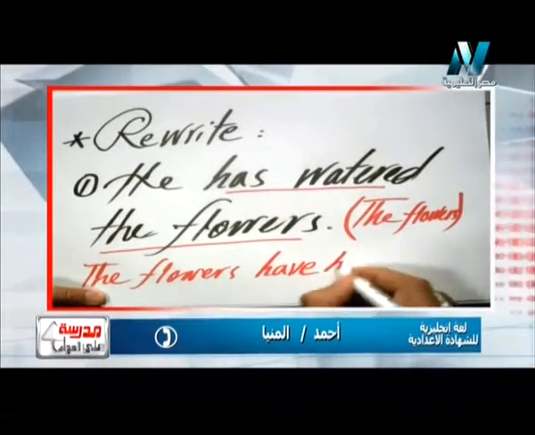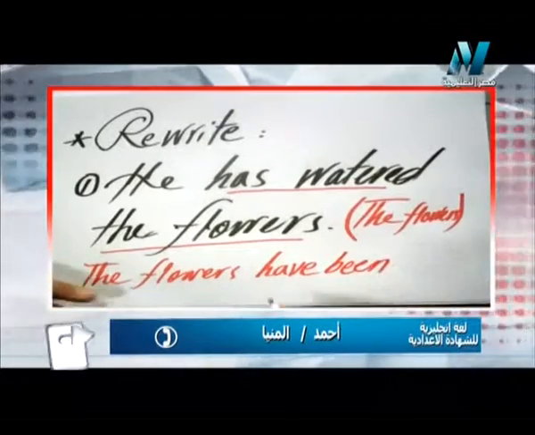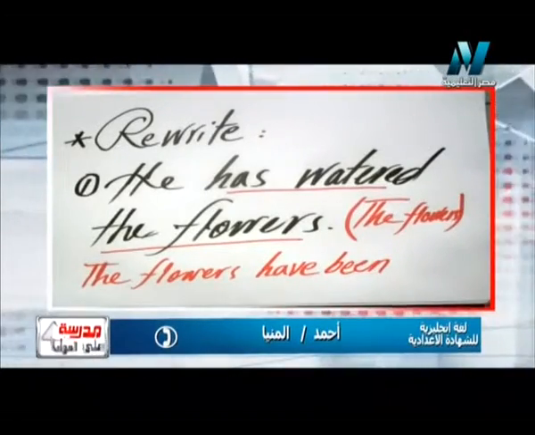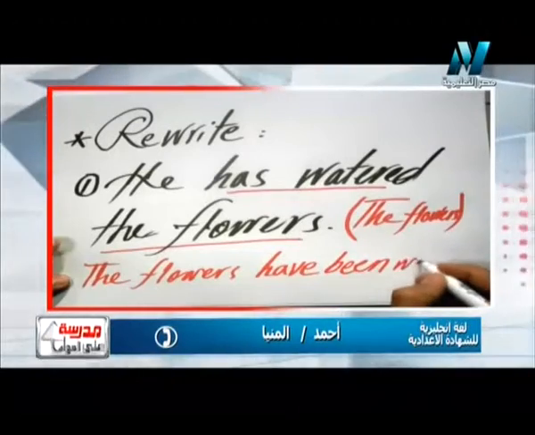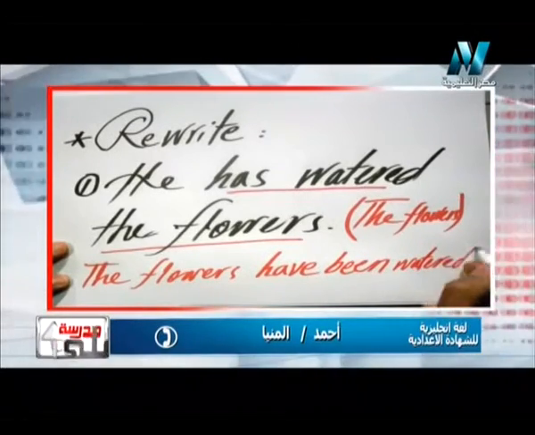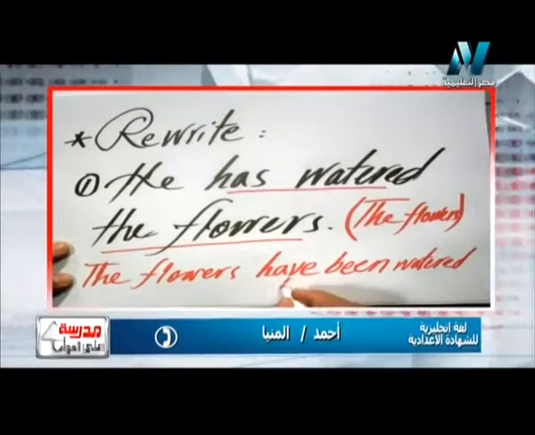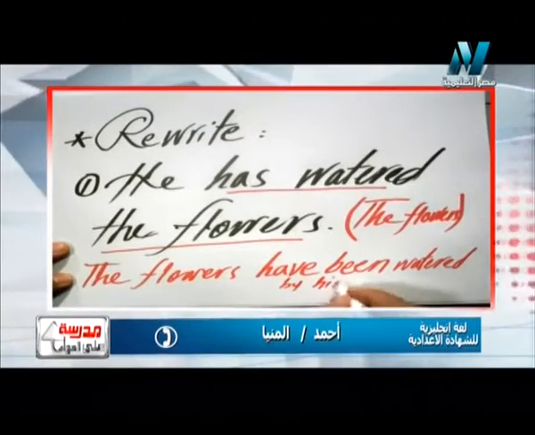Have been, this is verb to be in the present perfect. And then, after that, Ahmed? Past participle. We put the past participle of the verb. So the flowers have been watered. Watered, yes. By him. By him. Okay.